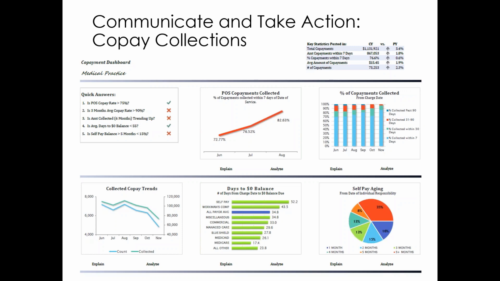One of the things that we identified earlier in the revenue integrity dashboard was that we weren't doing a very good job of collecting copays. So what we've done is isolate that area and put some targets in place, again with our quick answers, setting some goals for our organization and tracking that using various metrics and showing it in graphical form.